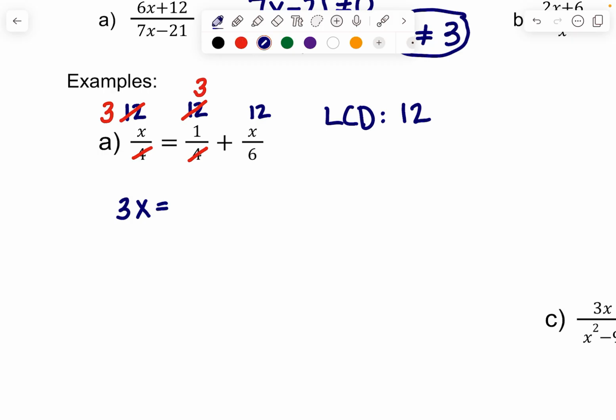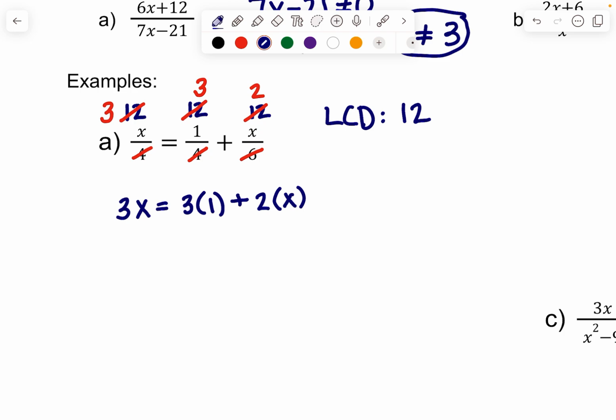So we're left with 3 times 1 plus, then divide again, 12 divided by 6 is 2. So we have 2 times x, or just 2x.